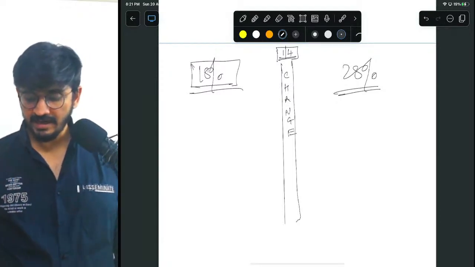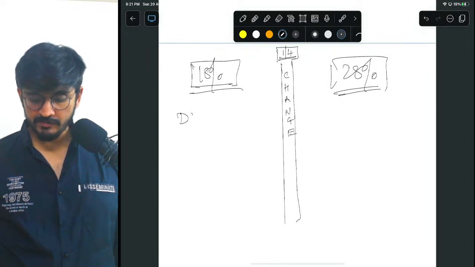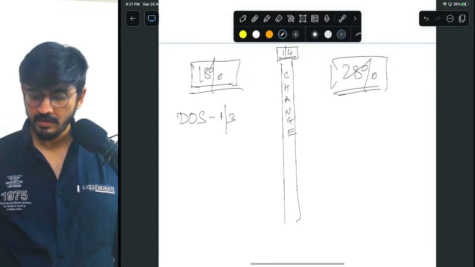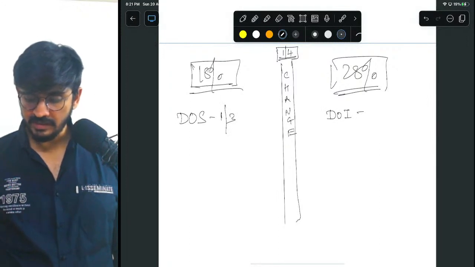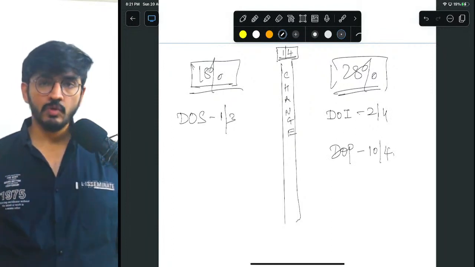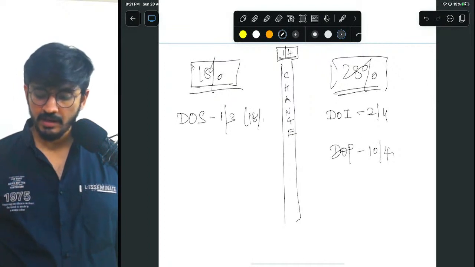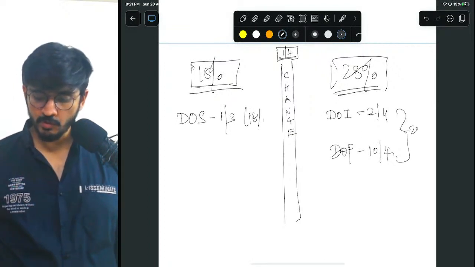Now understand it can clearly happen where the date of supply is, let's say, 1/3, date of invoice is, let's say, 2/4, and date of payment is, let's say, 10/4. So there are a few events which occurred when the old rate was applicable, and a few events where the new rate is applicable.